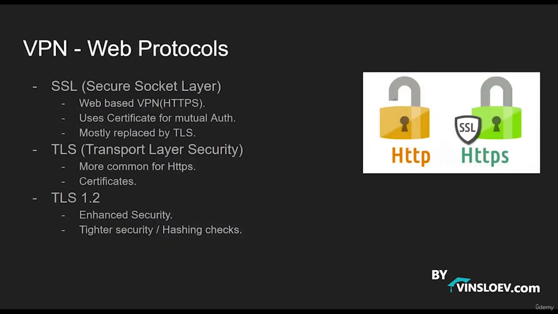So VPN, which stands for Virtual Private Network. There are several ways that a VPN can be established, and most of us actually have a VPN running whenever we are visiting a banking site or a grocery site, or for example Amazon.